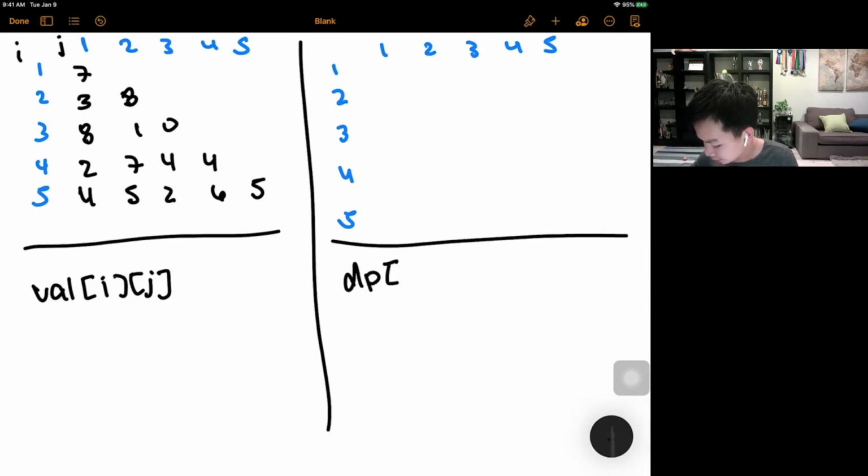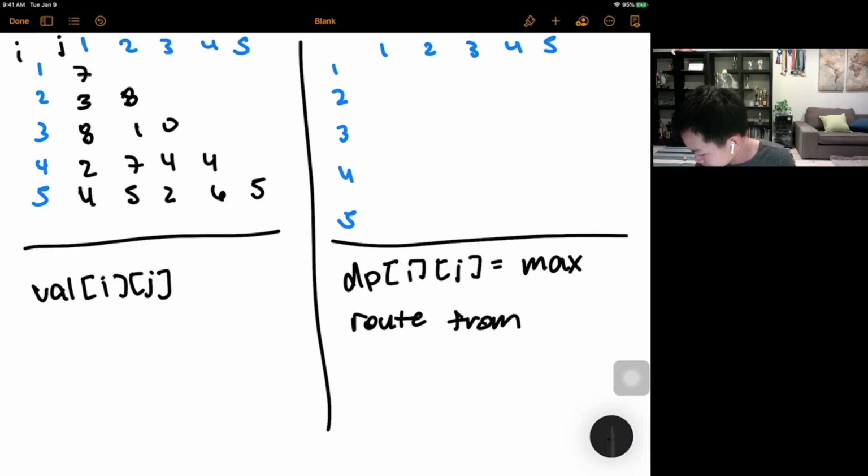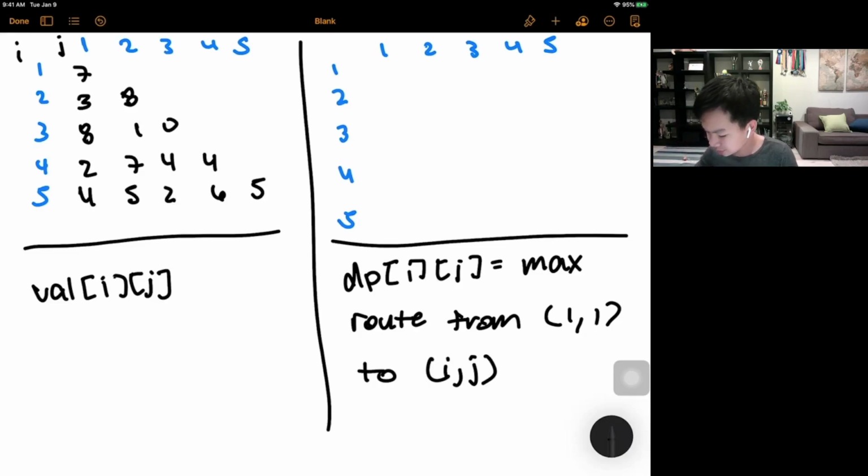So dp of row i and column j would be the maximum route from 1, 1, the top node, to ij. For this example, we know that the top node is the same as its value, so this is 7.